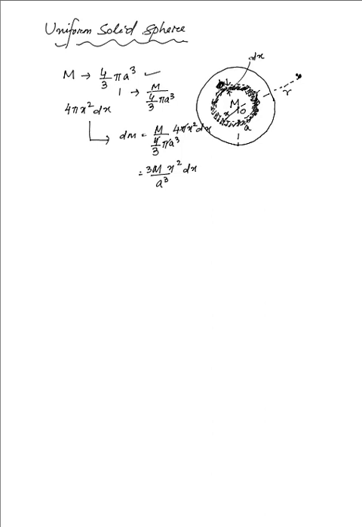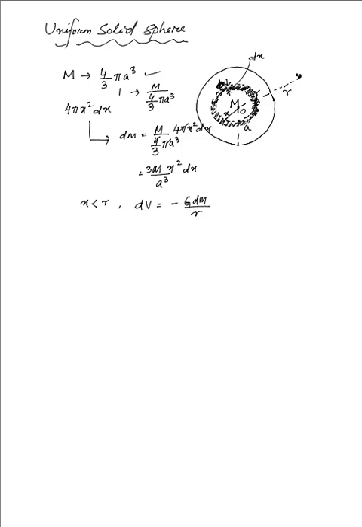And for any point due to this shell, because in the previous video we had discussed the potential associated with the shell, for x, that is the distance, being less than r, we simply have dV equal to minus G dm divided by r.